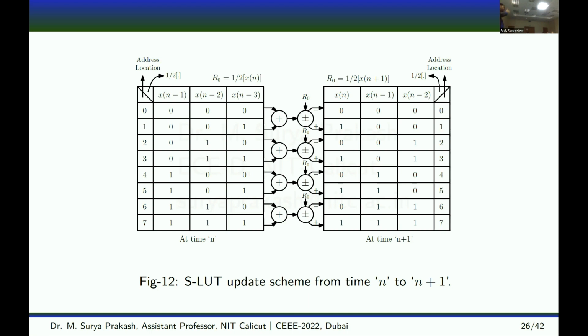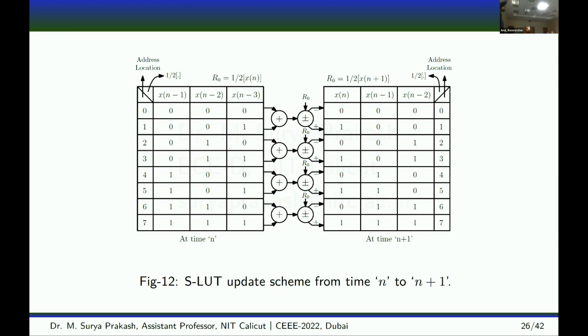And because we have a necessity to eliminate the oldest input sample, when we are moving from iteration n to iteration n plus 1, we have the necessity to eliminate the x of n minus 3 term, which is the oldest input sample in the nth iteration. So that's the reason if we are able to sum the values of 2 consecutive address locations, we will be able to eliminate the oldest input sample, which is x of n minus 3. Because the sign of this oldest input sample, x of n minus 3, is alternating between different address locations.